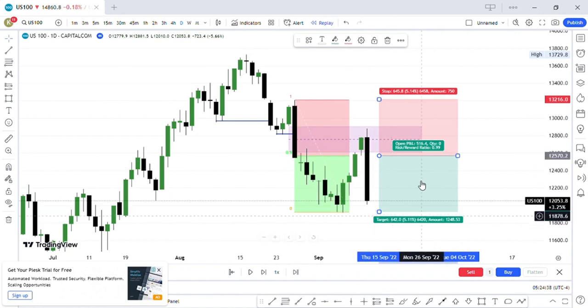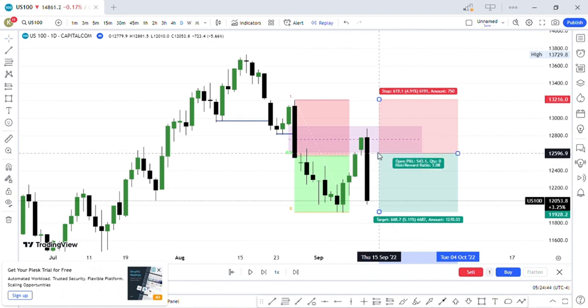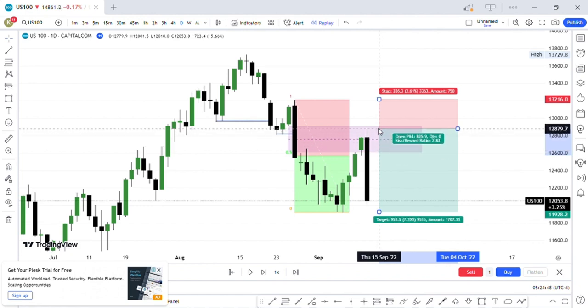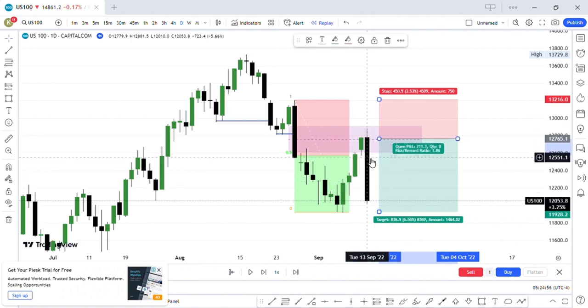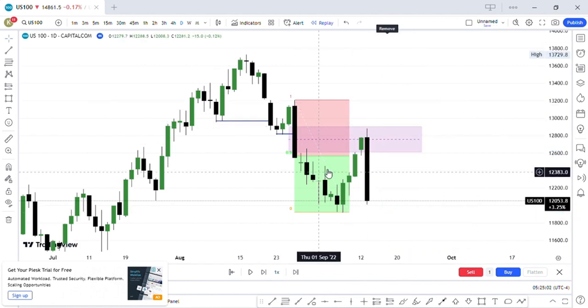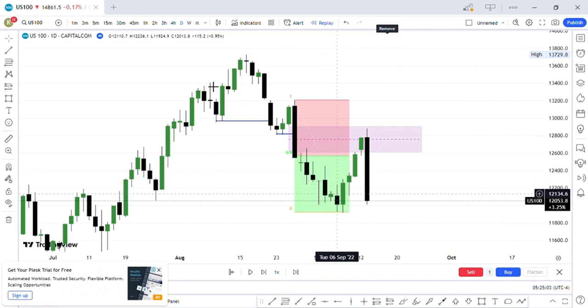But the more you move into the premium market, the more your risk to reward ratio increases. So now to increase it, we look at this fair value gap and the 50% of the fair value gap and say that's where we are going to sell, and we target here. So we increased our risk to reward ratio. Right, now let's wait for our next example.